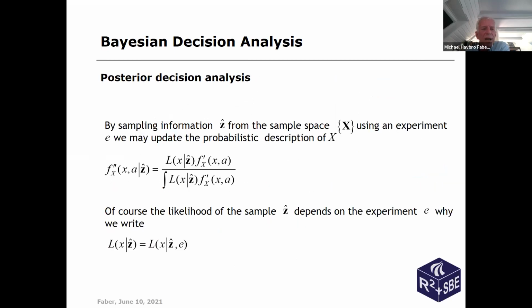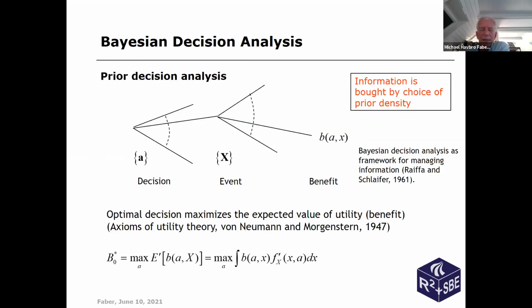I just want to highlight here that the prior decision analysis really takes basis in a risk evaluation, because the expected value of utility we normally associate in most cases with expected value of life cycle cost. And this is nothing different from the probability that costs will occur, and then the actual cost if they take place. So this is just expected value of consequence.